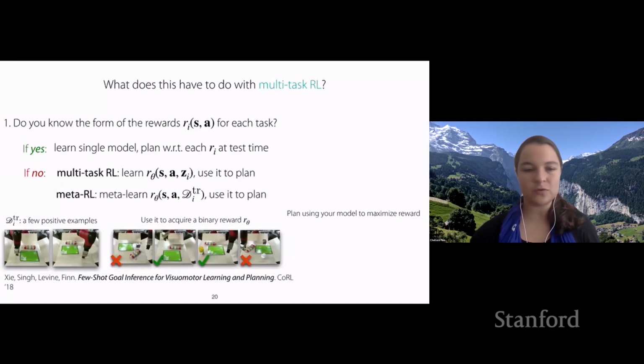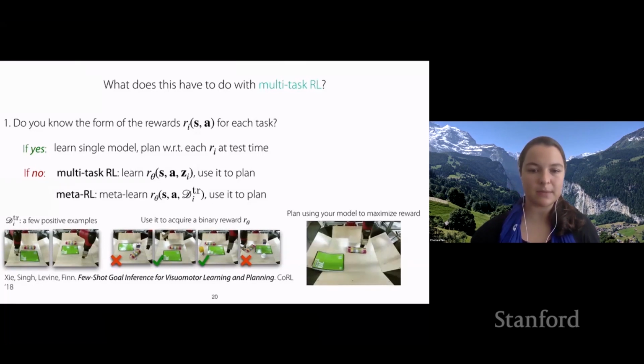And then once you adapt your model using the training data set, you can plan using your model to maximize reward. And this is what the executed trajectory looks like after you plan with regard to the task of pushing the pencil case behind the notebook.